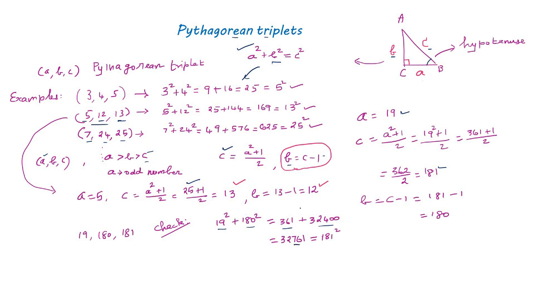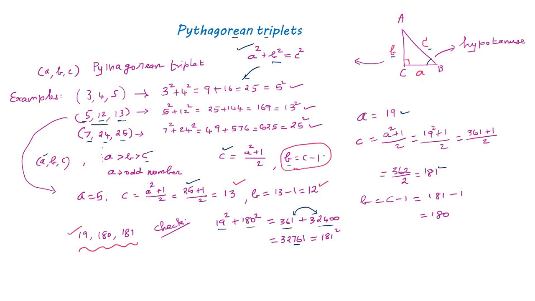When you add these two, you get 32,761. But this is nothing but the square of 181. That is, 19 squared plus 180 squared turns out to be 181 squared. So these three form a Pythagorean triplet.